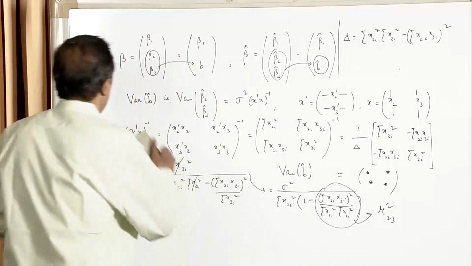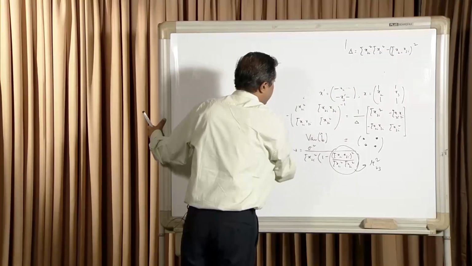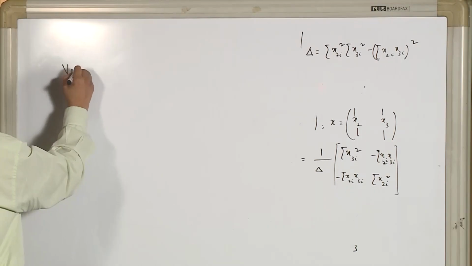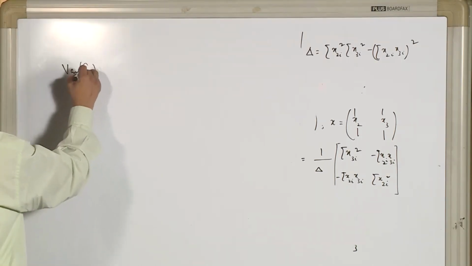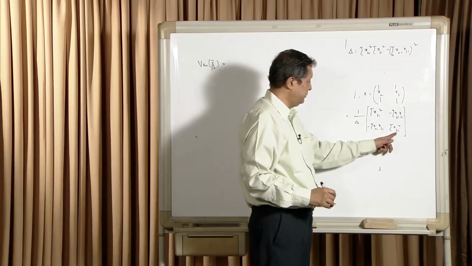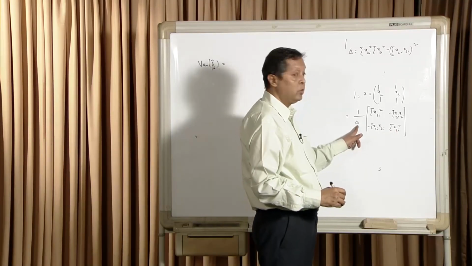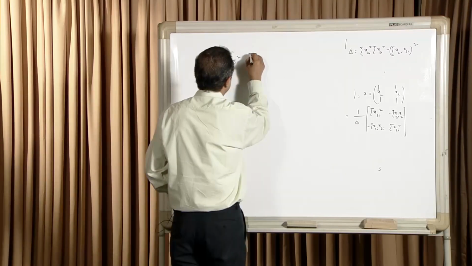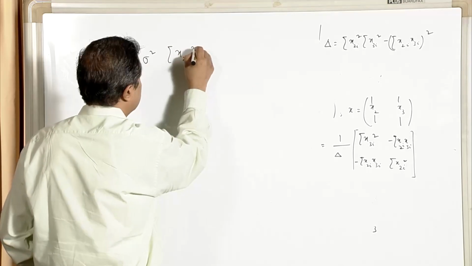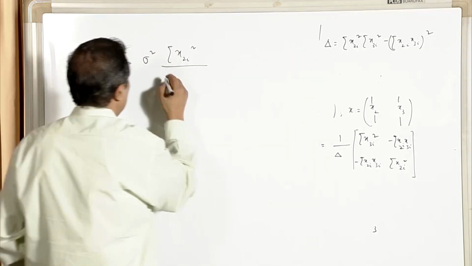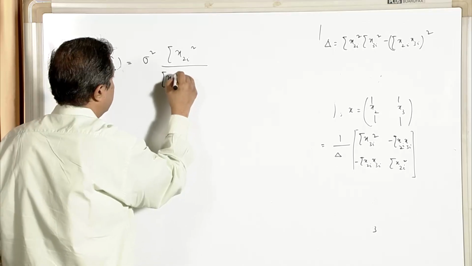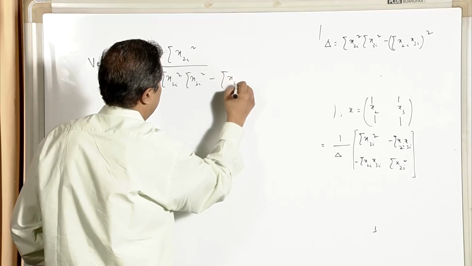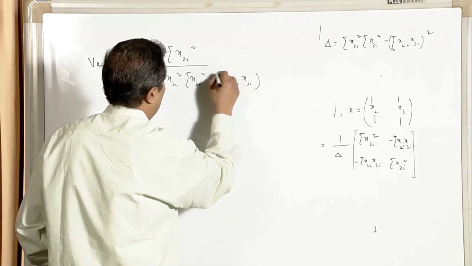So, we can write variance of beta 3 hat will be as follows. Variance of beta 3 hat will be this term divided by this all into sigma square. So, that is sigma square summation x2i square divided by delta, which is summation x2i square summation x3i square minus summation x2i x3i whole square.